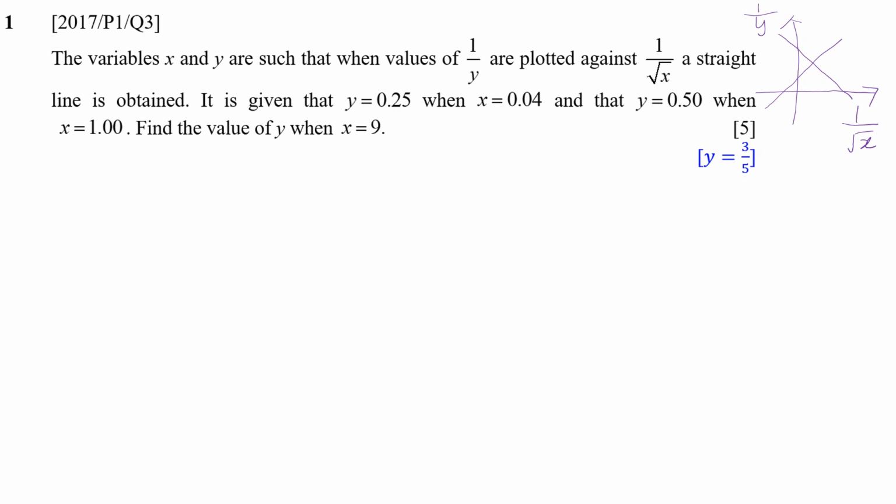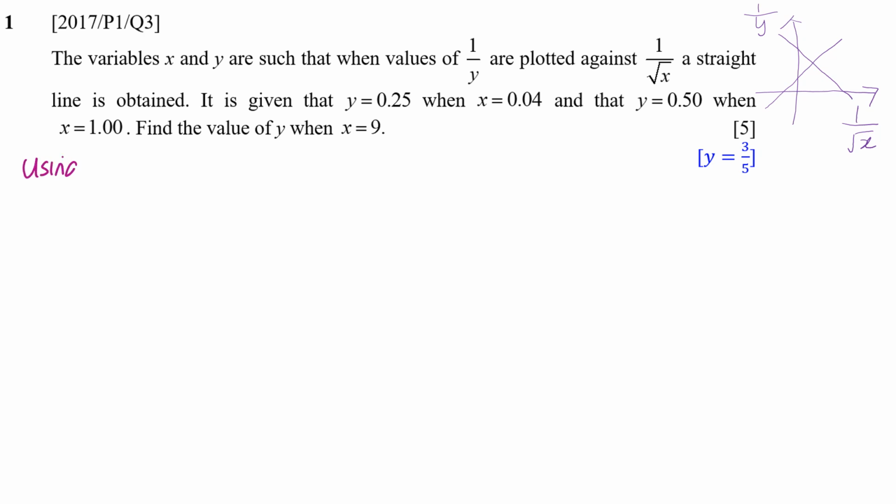And then you're given two sets of points. So if you're given two sets of points, what kind of hints are those? Right, so let's begin by writing down the general form for straight line equations.